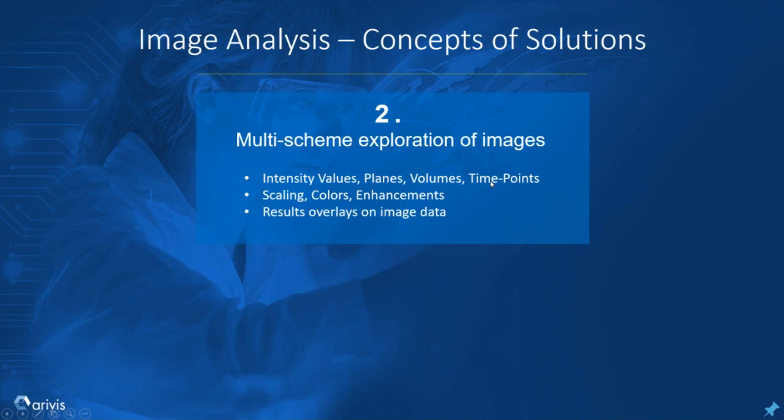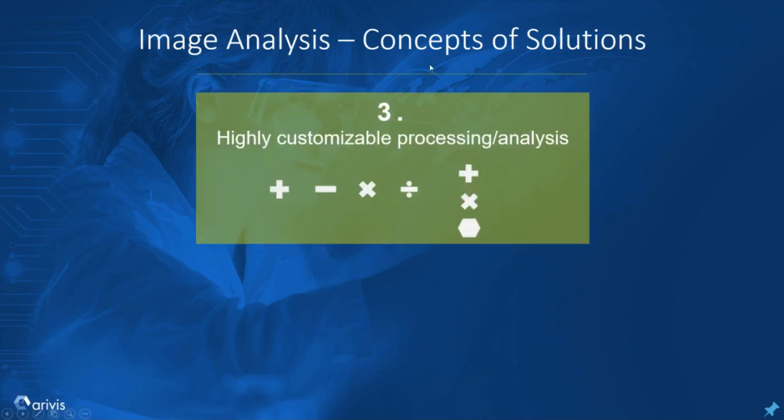And we'll come back to that later. We also want to be able to look through these images through time. And in addition, we would like to be able to apply colors and various enhancements to the data sets. And of course, as we get results, as we capture the objects in the images, we want to be able to see those results really right on the voxels themselves.